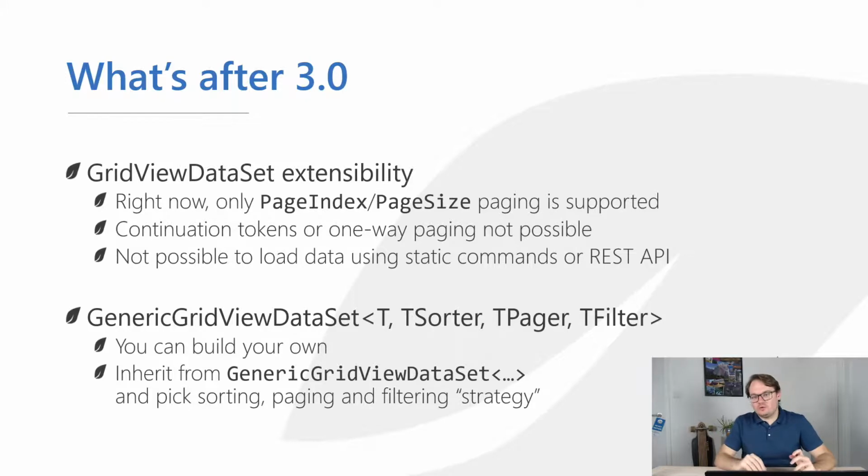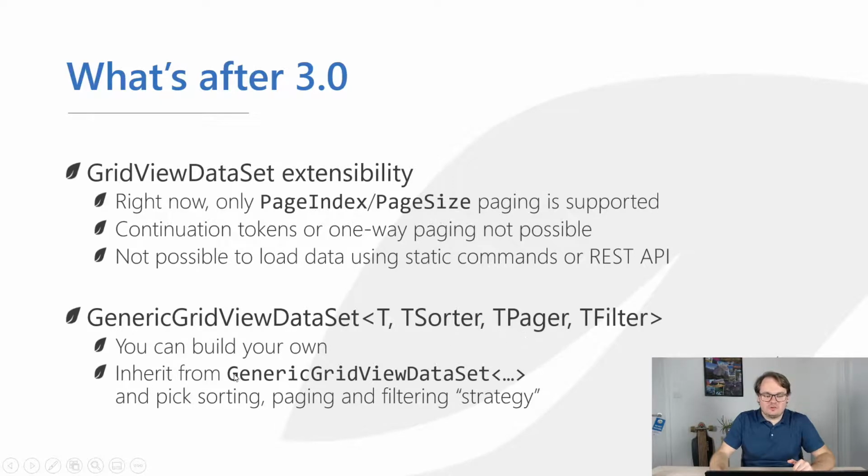If you want to use, for example, token-based paging, or if you have only one-way paging, for example, loading data from some API that cannot go back, it can just give me the next page of results, like these load more buttons, we will make it possible using this paging parameter.